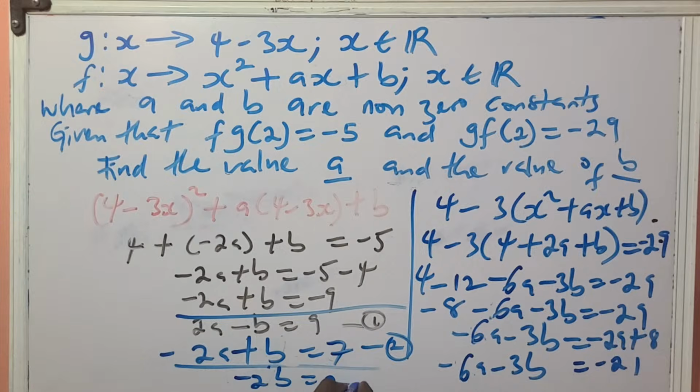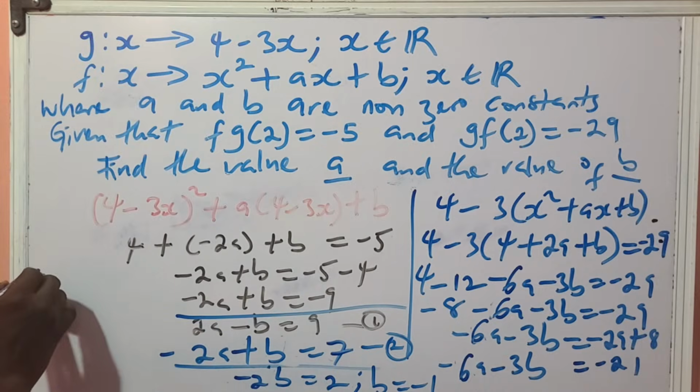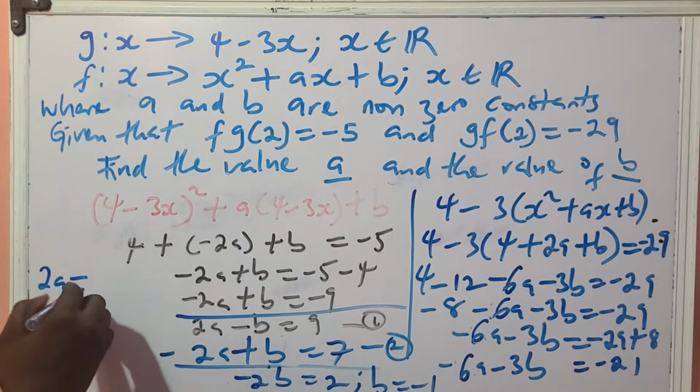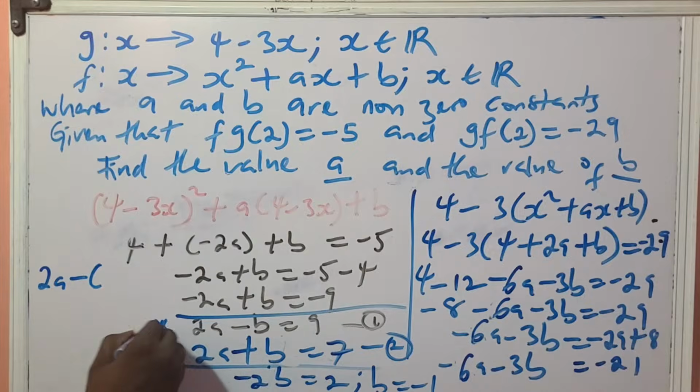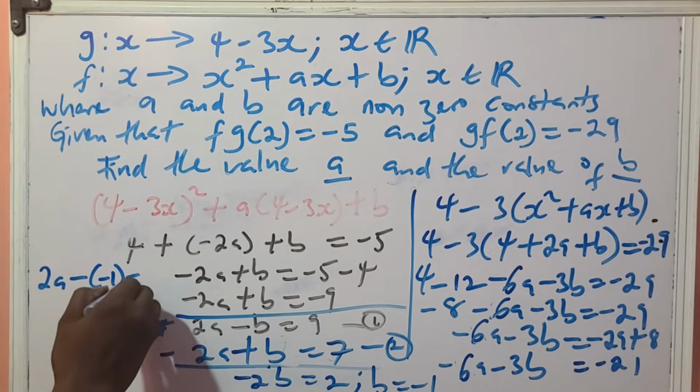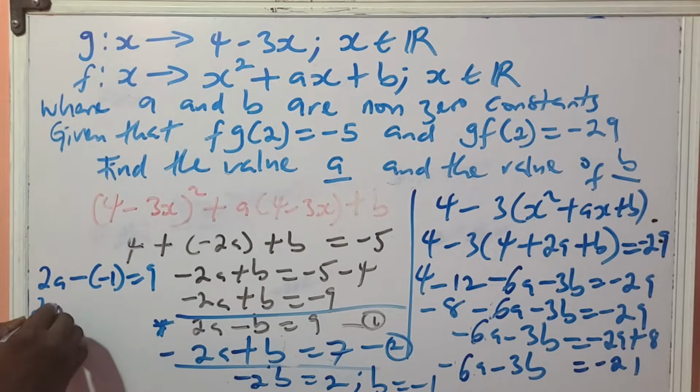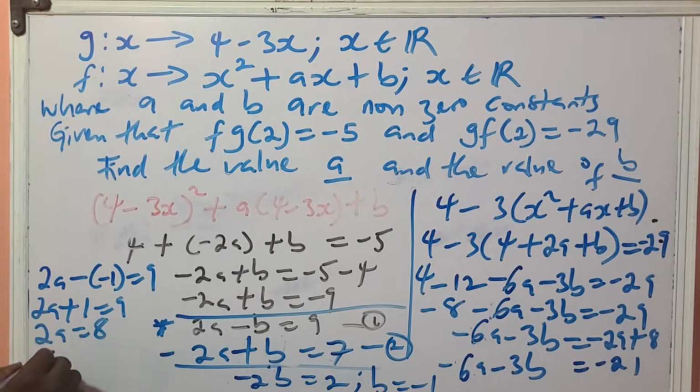Of course, that means my b equals to minus 1. And fixing this into any of the equation, I will have 2a minus, I'm fixing into this equation, minus 1 equals to 9. That'll be 2a plus 1 equals to 9. That'll be 2a equals to 8, and our a equals to 4. So therefore, our a was 4, our b was minus 1.